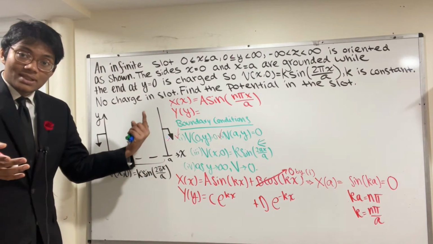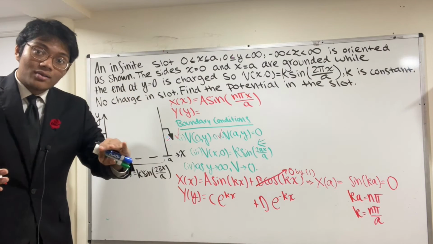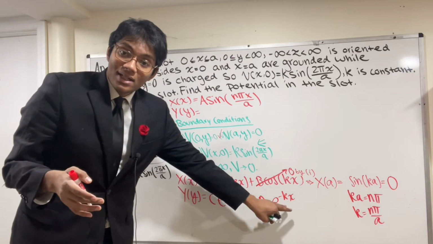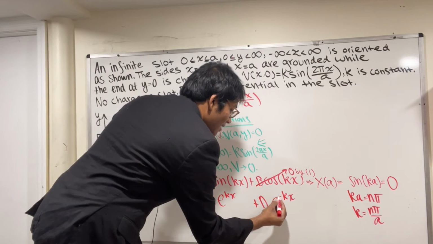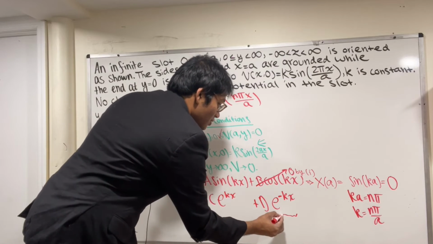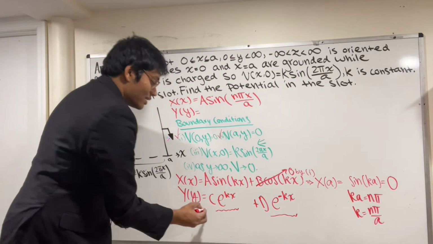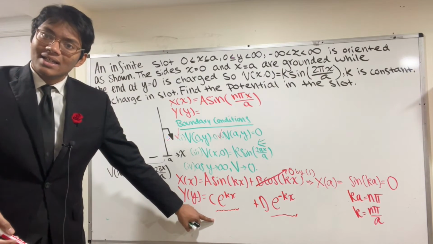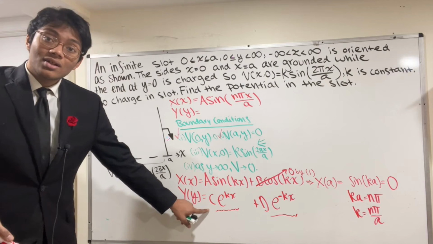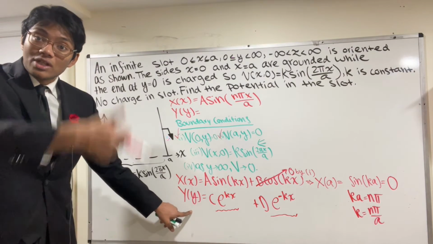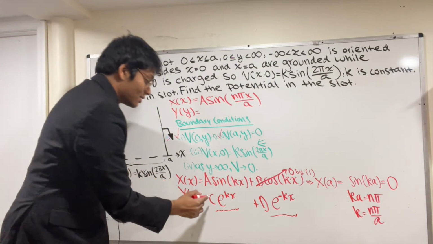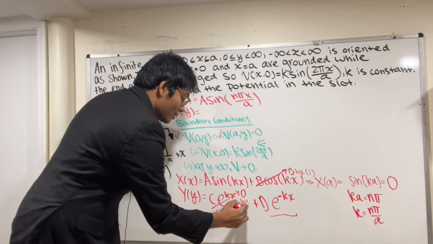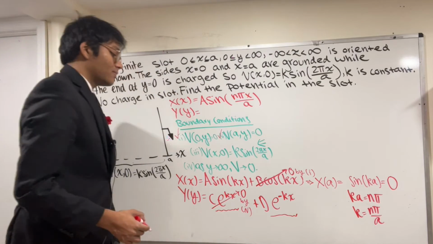This term, with the minus sign, is a decaying exponential, but the other term is going to go up. It's going to try to compete. I don't want any competitors. He's got to go, because if he doesn't, my y potential is going to blow up. So this c term has to be 0 because of the fourth boundary condition.